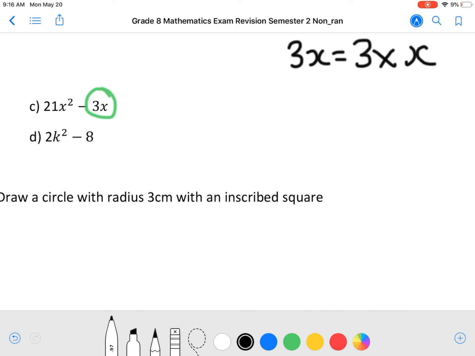That should be simple, because now we can look at 21x squared and see if there are any similar factors in 21x squared. We have 7 multiplied by 3. Sorry, let me just fix the 7, multiplied by 3 multiplied by x multiplied by x.